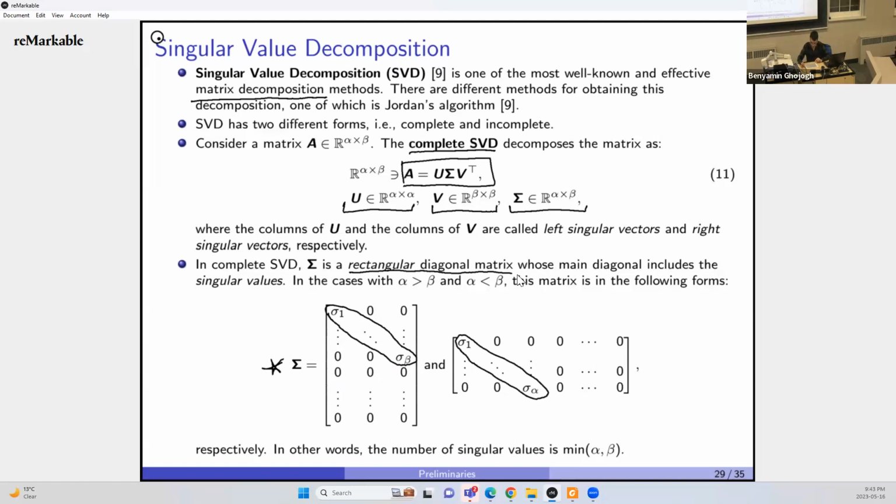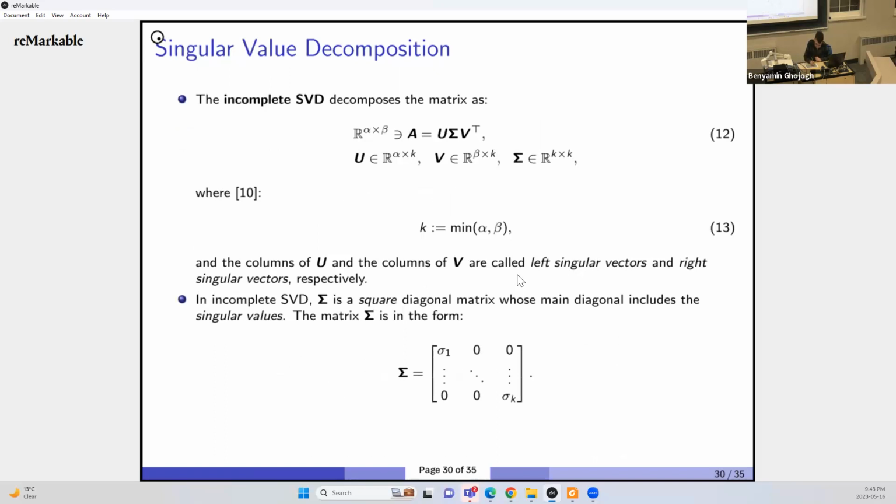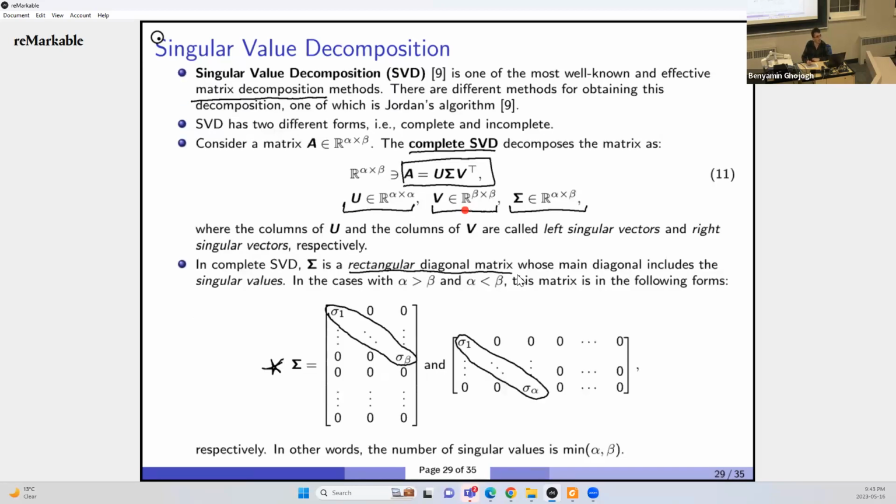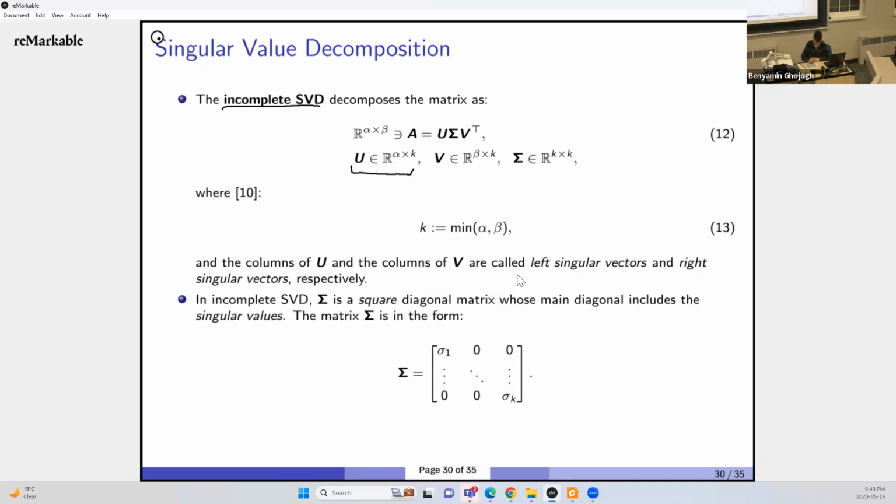This is complete SVD, where U and V are square matrices and sigma is not square. In incomplete SVD, U and V are not square matrices, and sigma is a square matrix. So U is alpha by K, V is beta by K, sigma is K by K. Now sigma becomes a square matrix.